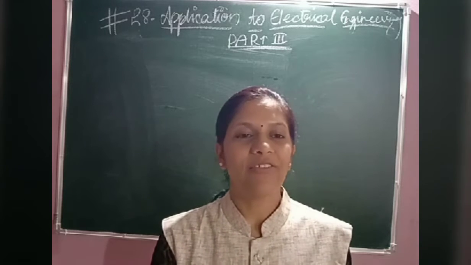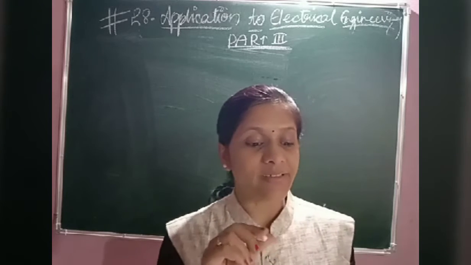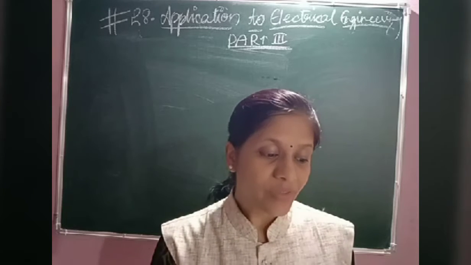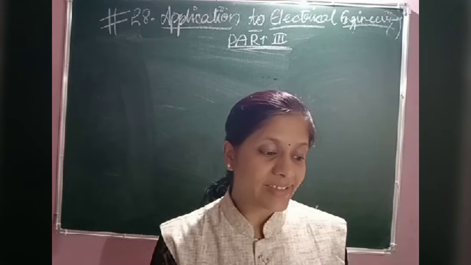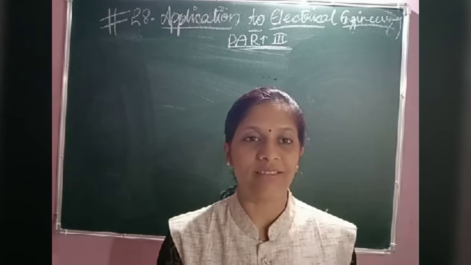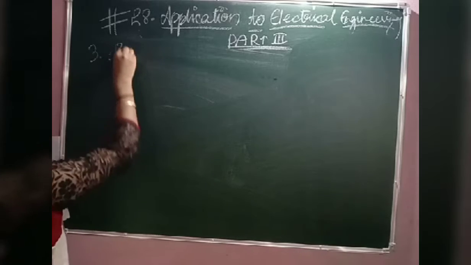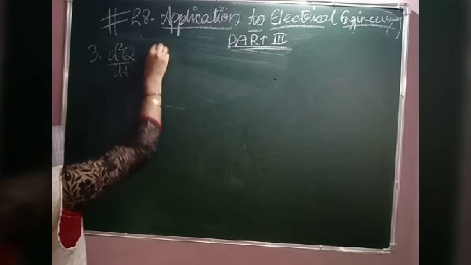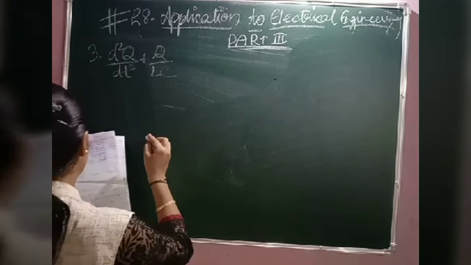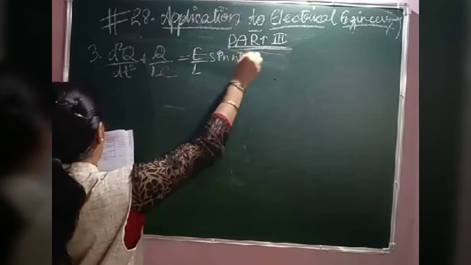So let us get started with numerical number three. The third question is: an uncharged condenser of capacity C is charged by applying an electromotive force of value E sin Nt through the leads of an inductance L. The charge Q on the plate of the condenser satisfies the differential equation d square Q by dt square plus Q by LC equal to E by L sin Nt.